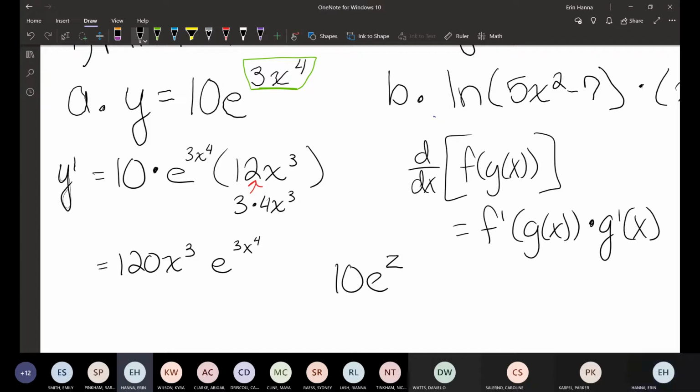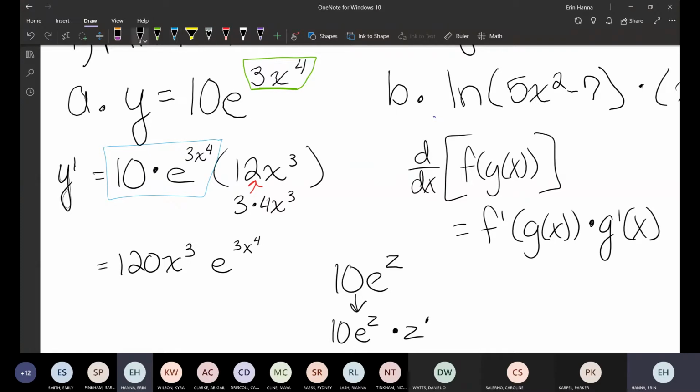So the chain rule tells me that I have to take the derivative of that. The derivative of 10 e to the z would be 10 e to the z. But then I have to take the derivative of that inside piece. So I have to take the derivative of that exponent, if you will. So my 10 e to the z is right here, that I just circled in blue. That's really thin, and you can't see that it's blue.